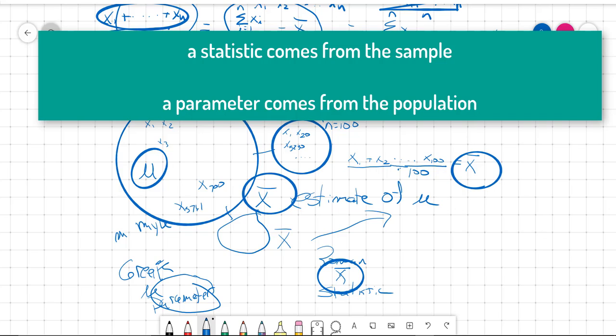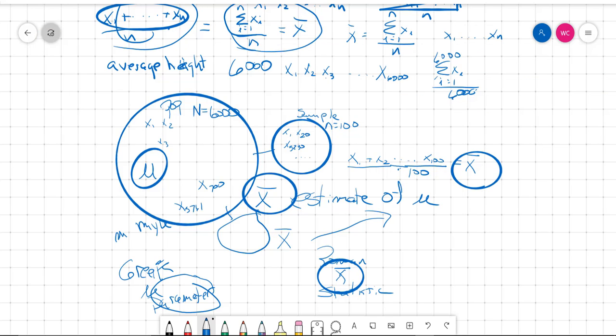A statistic is something calculated from elements of the samples. A parameter is something calculated from the population, or from the whole population, I guess I should say. And for parameters, we use Greek letters, like mu. And for statistics, we use non-Greek letters, or Roman letters.